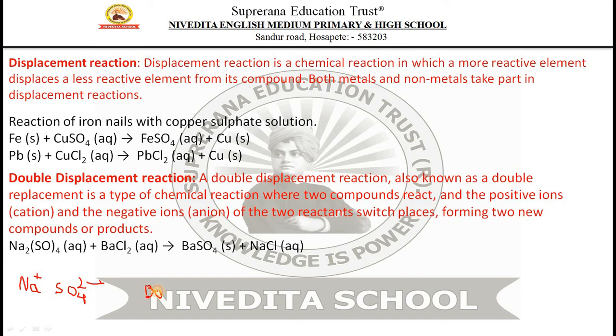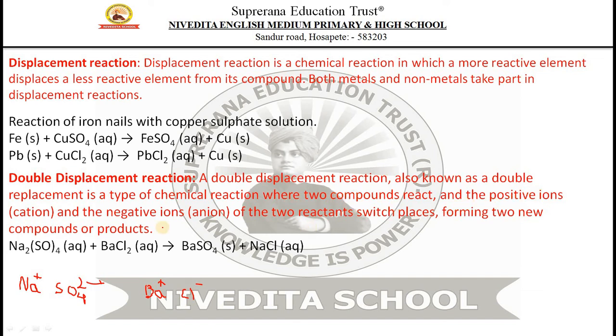Barium, sorry, I am writing with a mouse, so it may not come so clearly. I'll try my best. So barium and chlorine. Right, so as you can see there, sodium positive, barium positive, sulfate negative, and chlorine negative. According to the definition, what does it say?